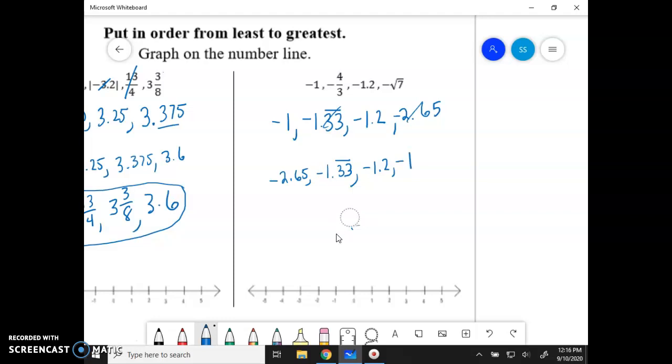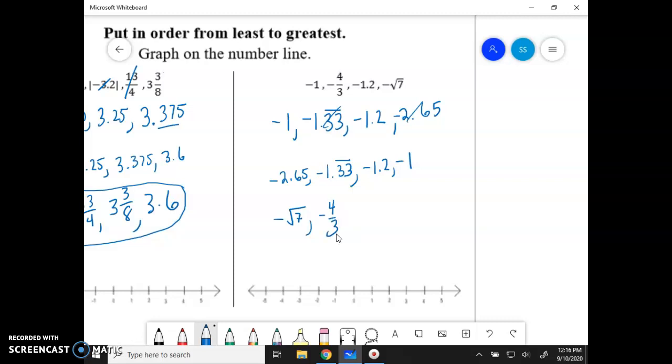All right, so the next thing I need to do is transfer this back into the original form. So negative 2.65, that was our negative square root of 7. So let's convert that back. There's our smallest. Then we had negative 1.33, that was negative 4 over 3.